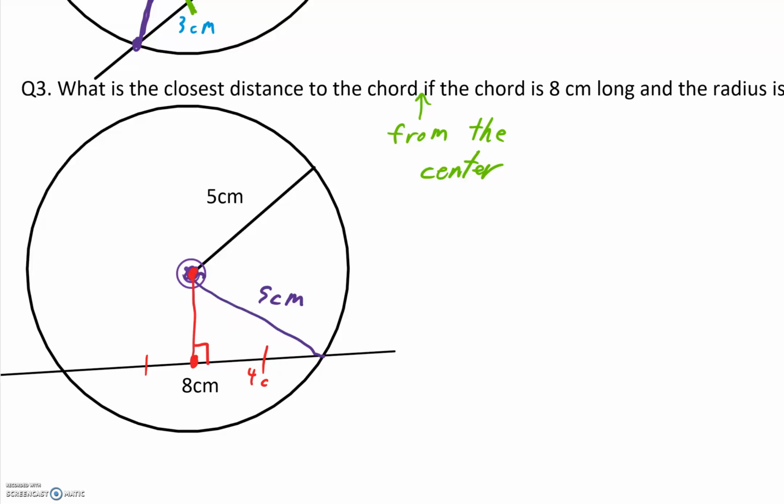So it's going to be 4 centimeters on one side, 4 centimeters on the other side. Now we have a right angle triangle, which if you need to, I'm drawing it outside now, which is 5 centimeters here, 4 centimeters here, and we're looking for this side.